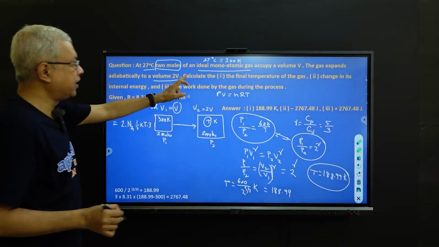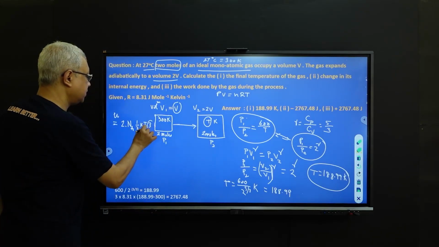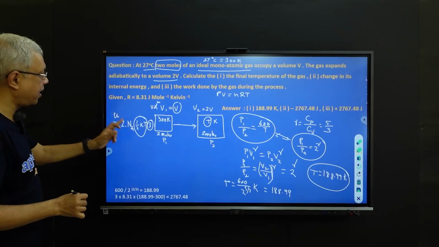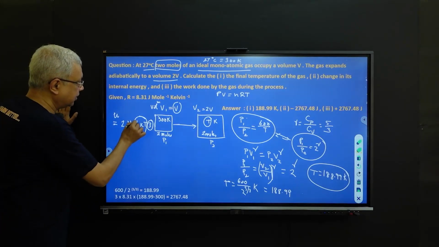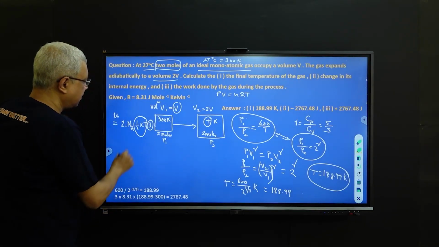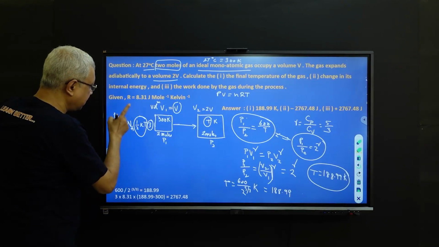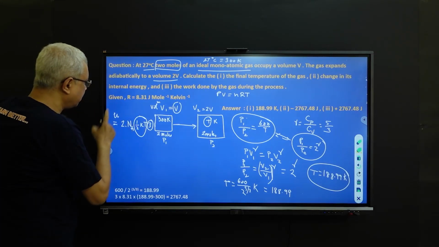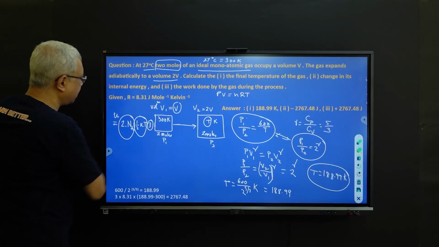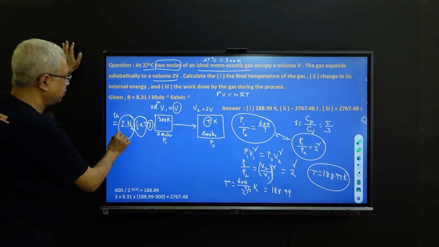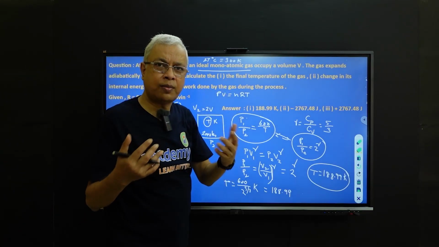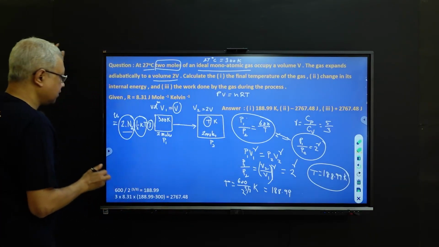Since it is a monatomic gas, degrees of freedom 3; half kT is the energy per degree of freedom per molecule. There are 3 degrees of freedom, and in 2 moles of gas there are 2 into Na molecules. Incidentally, here it is a monatomic gas, so the number of atoms is equal to the number of molecules.